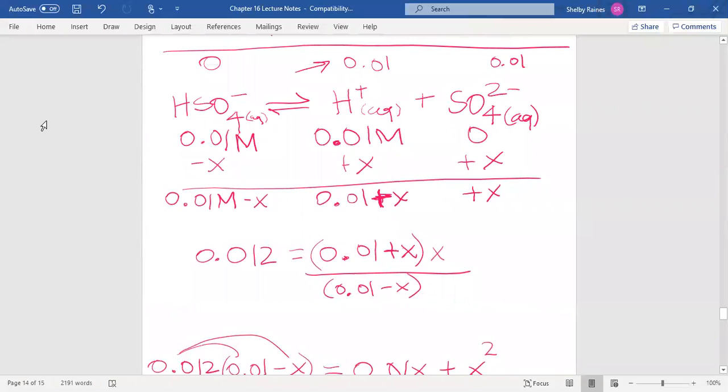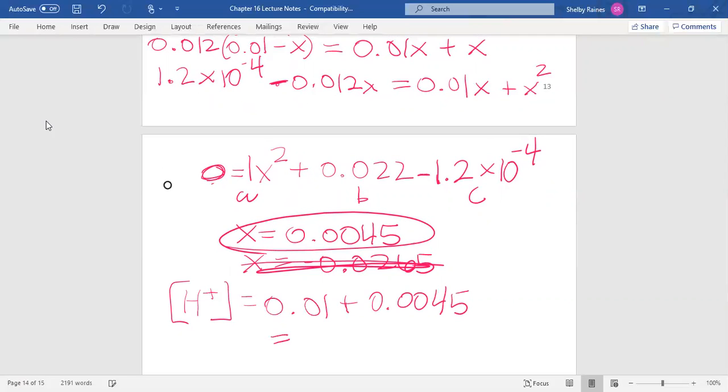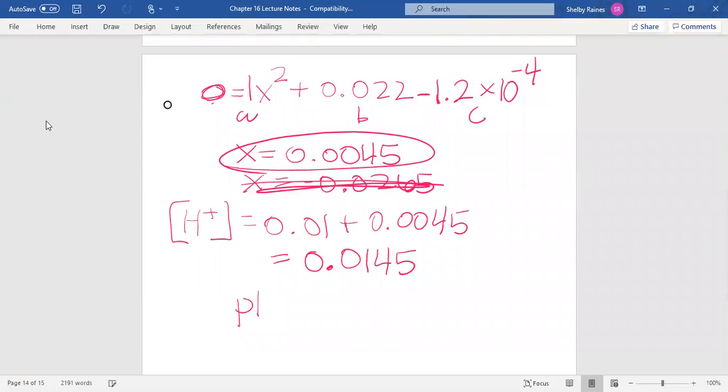So my hydrogen concentration would be 0.01 plus 0.0045, which equals 0.0145. So now I'm going to get the pH from that.